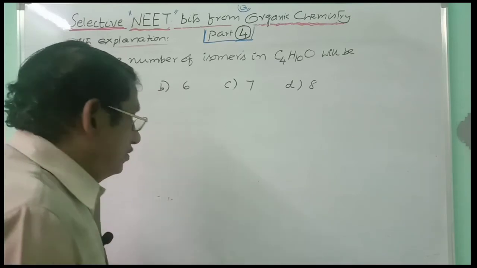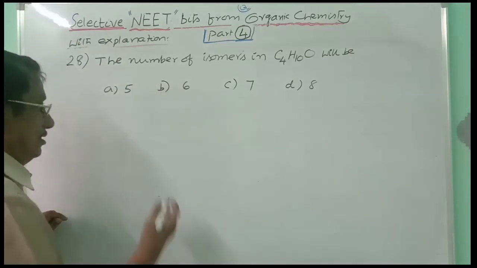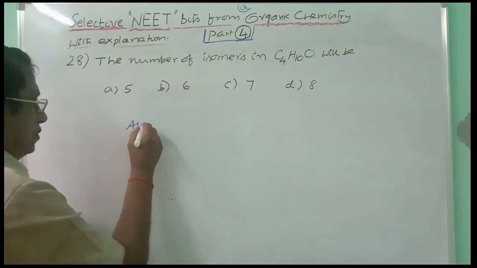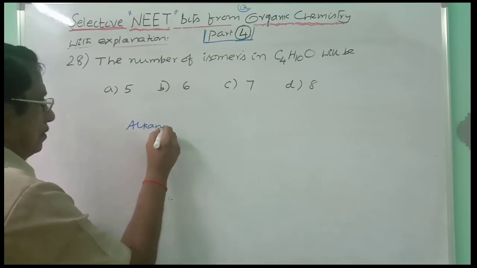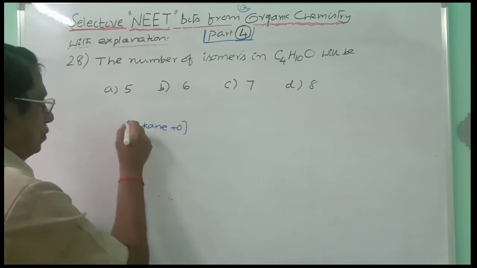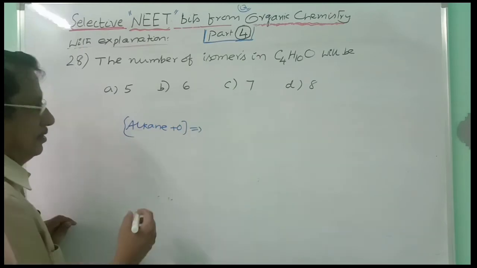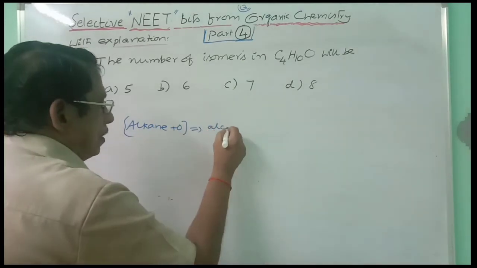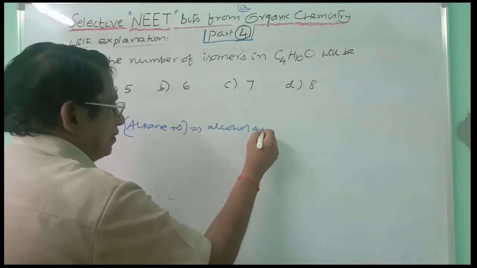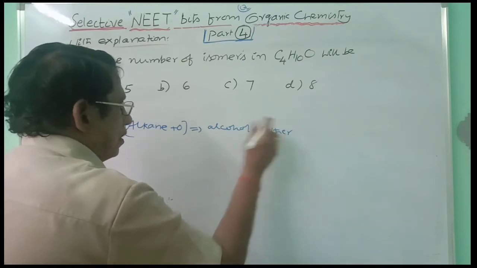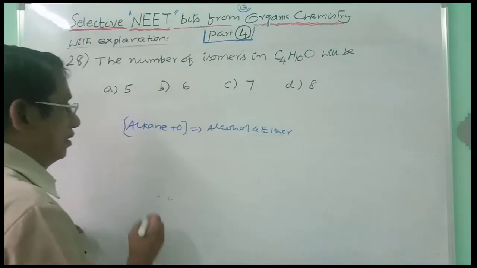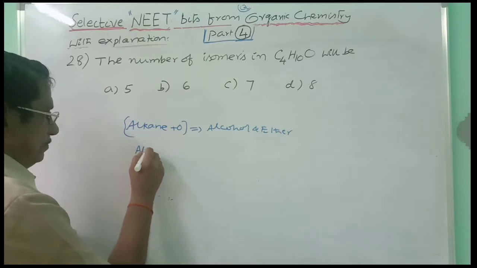And here you have to recollect one point. Alkane plus O is suited for alcohol and ether. Open chain formula.